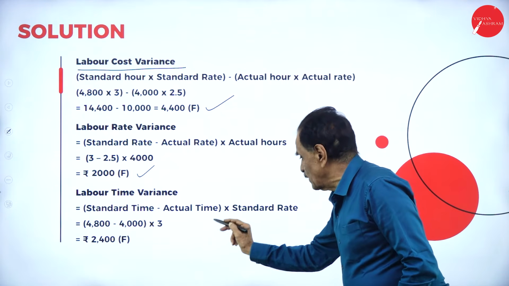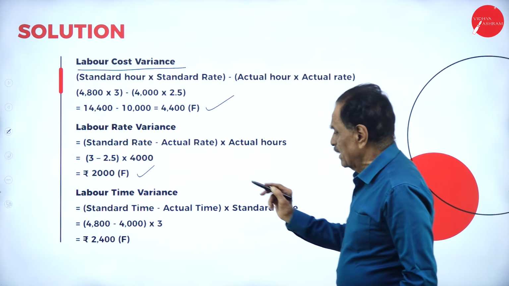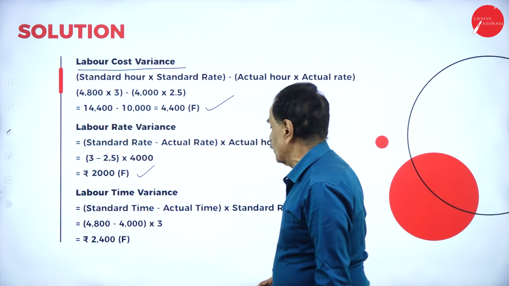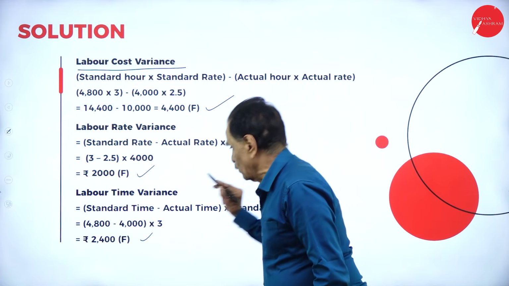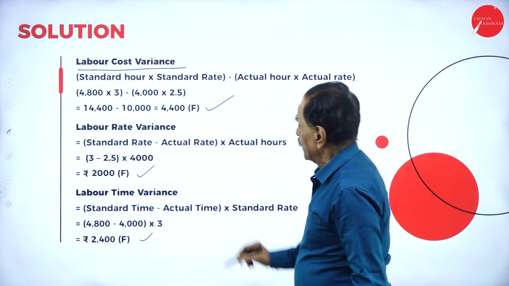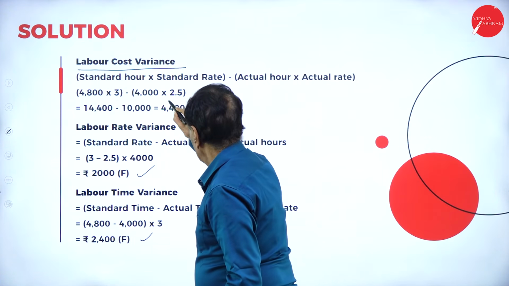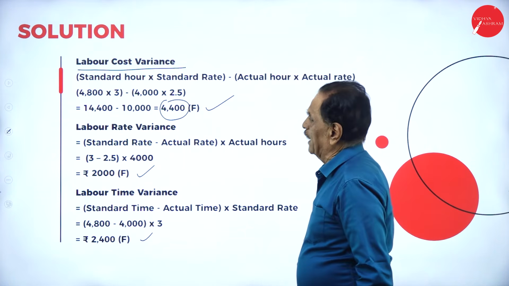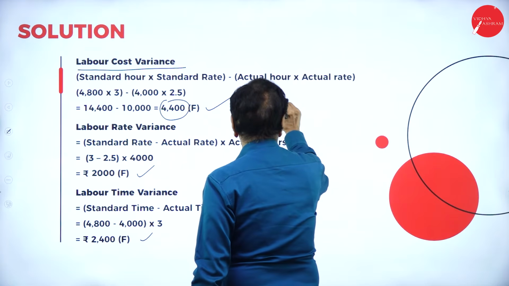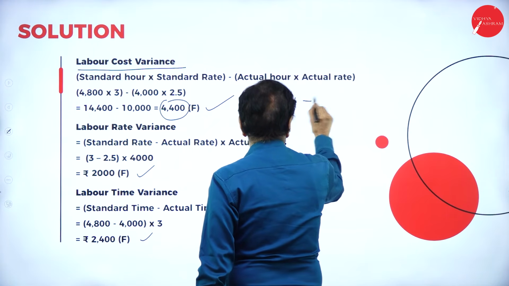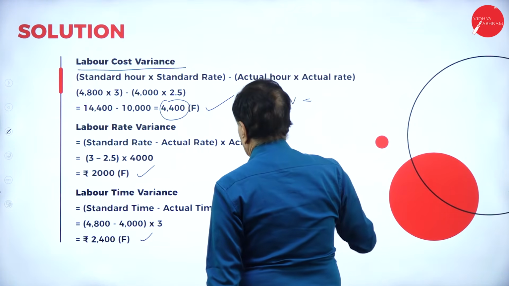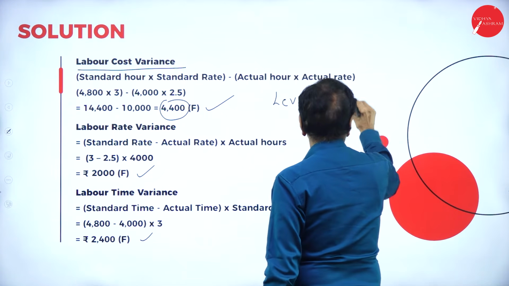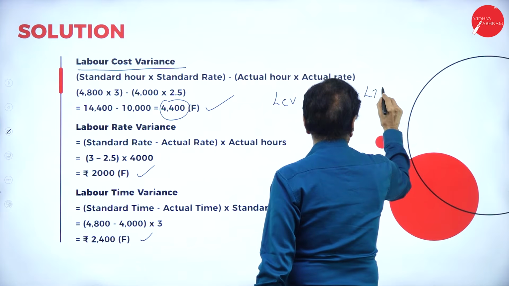Then labor time variance: standard time minus actual time into standard rate. Your standard time is 4,800, your actual time is 4,000, multiplied by 3. It is 2,400 favorable. So here 4,400 is equal to 2,000 plus 2,400. Here LCV is equal to LRV plus labor time variance.